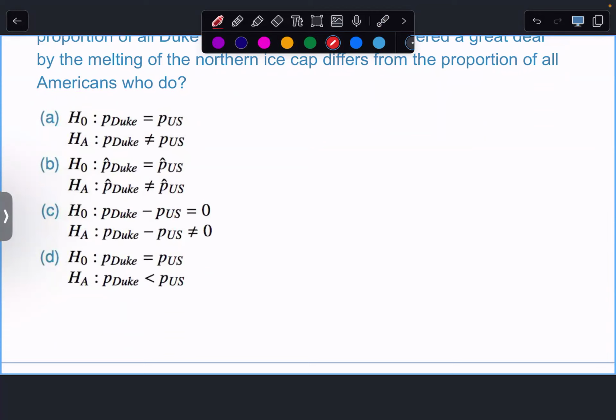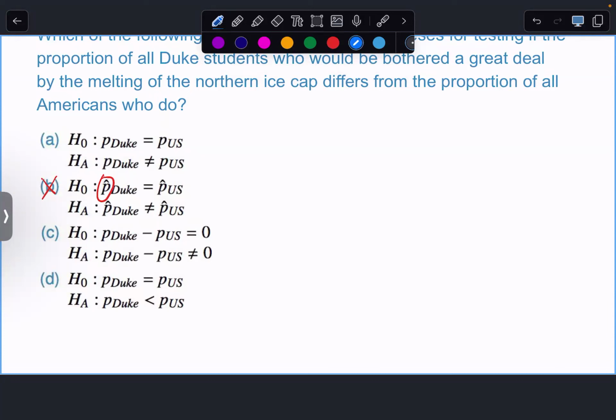First off, this one we know is wrong, because it's about the sample. We only hypothesize about the population. The sample, you know everything about your sample. You can calculate anything you want about your sample. So it doesn't make sense to hypothesize, oh, I think they might be different. You can look at them and say, right? And so for that reason, B is out immediately, right?